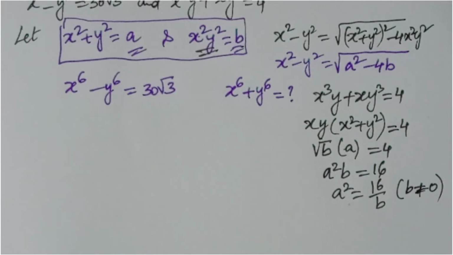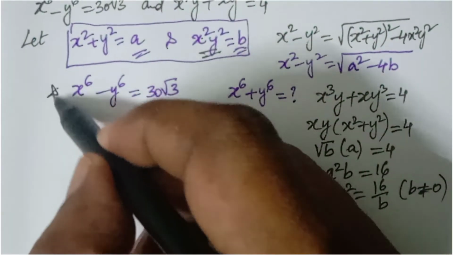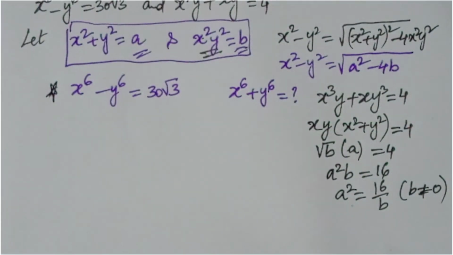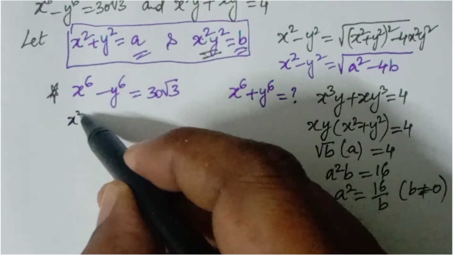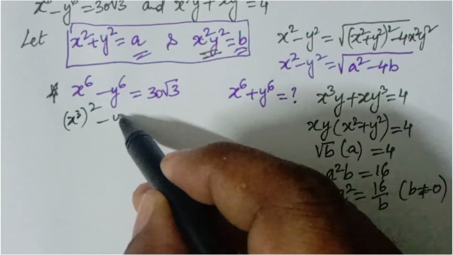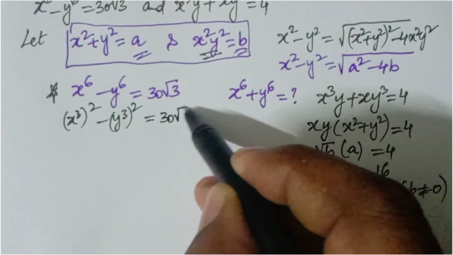Now x power 6 minus y power 6. This is the main logic in this problem, so watch up to the end. It is a very logical and critical problem. This can be written as x cube whole square minus y cube whole square is equal to 30 root 3.